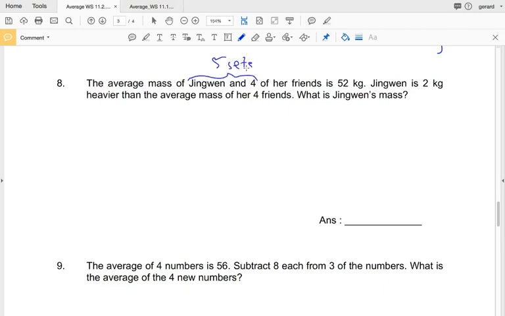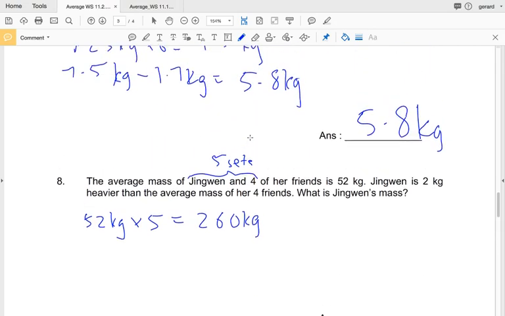So 52 kg times the 5 sets. Now I'm just finding the total straight away, so this would be 260 kg.